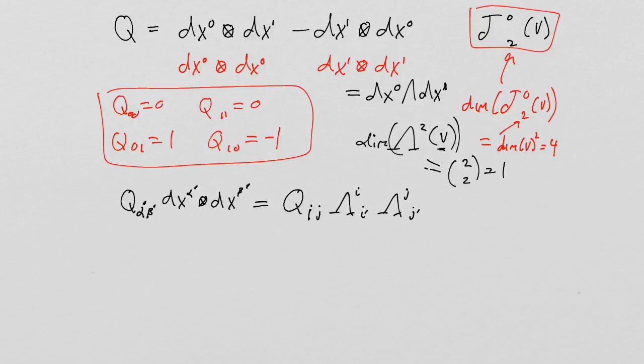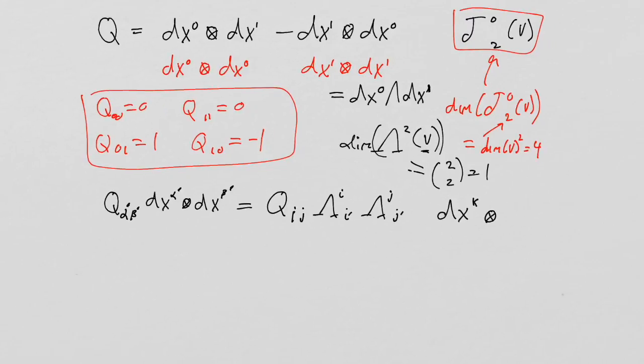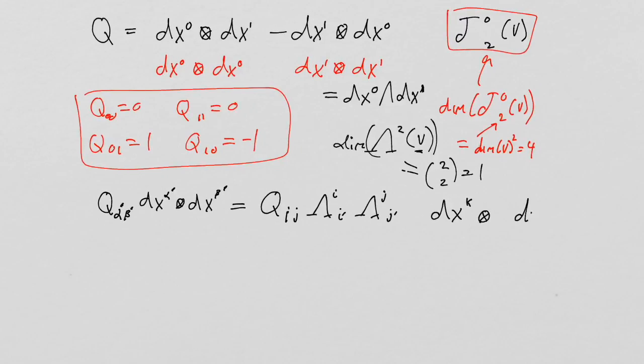And then I have dx K tensor product dx L, like that. But this guy is going to transform contravariantly.